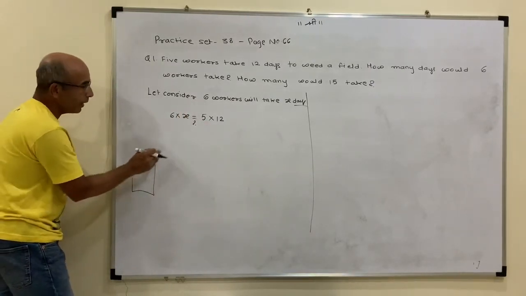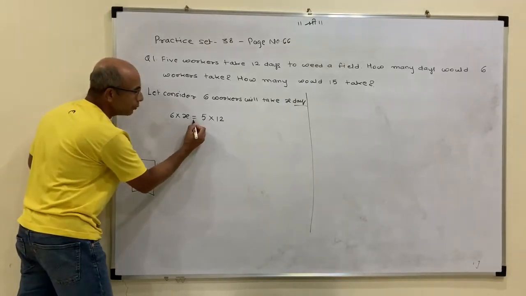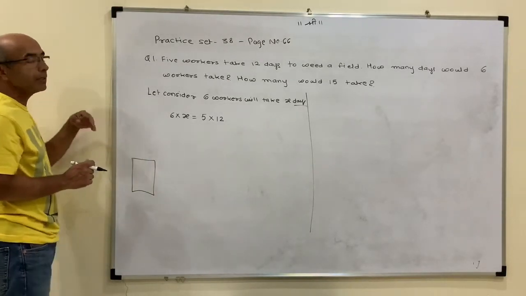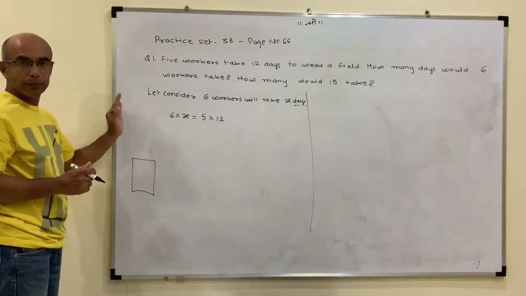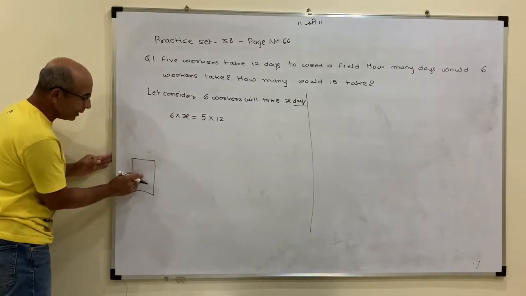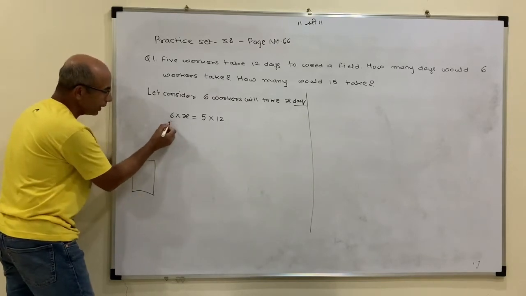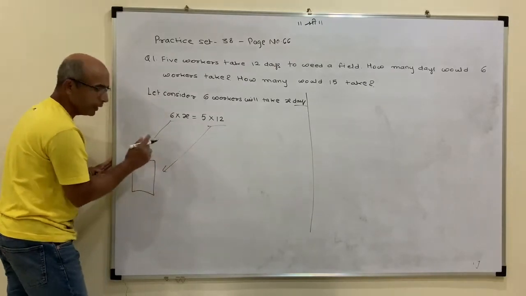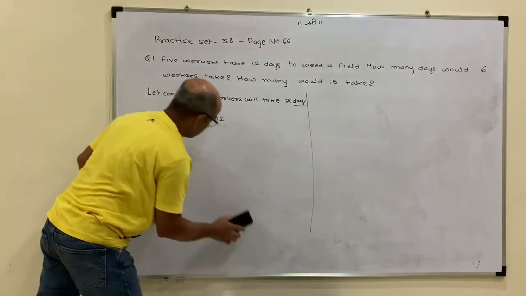So the effort, or the size of the job, is the same. So don't get confused with direct proportion and putting in the equation like x equal to something, this equal to that. Don't get into that. Here it's an inverse proportion, and the second important thing is that they are going to work on this field and they worked on this field. That's the reason we have an equal sign here.